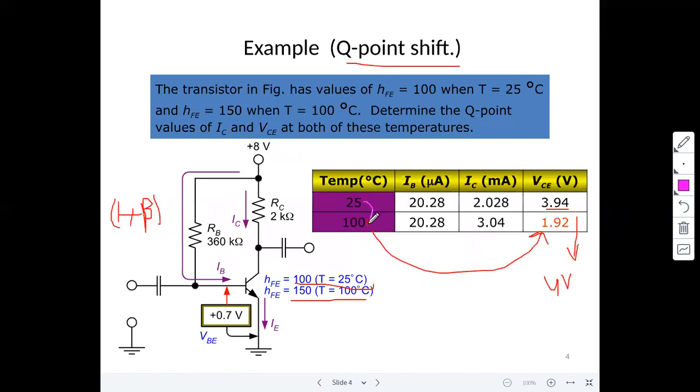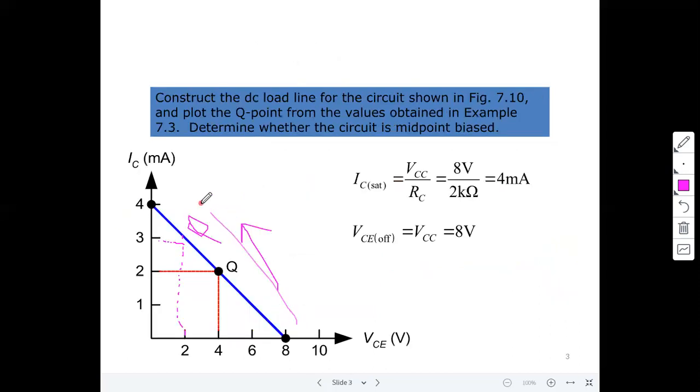From 25 to 100 degrees, the Q point is not stable. Why? Because VCE decreases from 4 volts to approximately 2 volts, and the collector current IC goes from 2 to 3 milliamperes. That means the operating point shifted towards the saturation point.